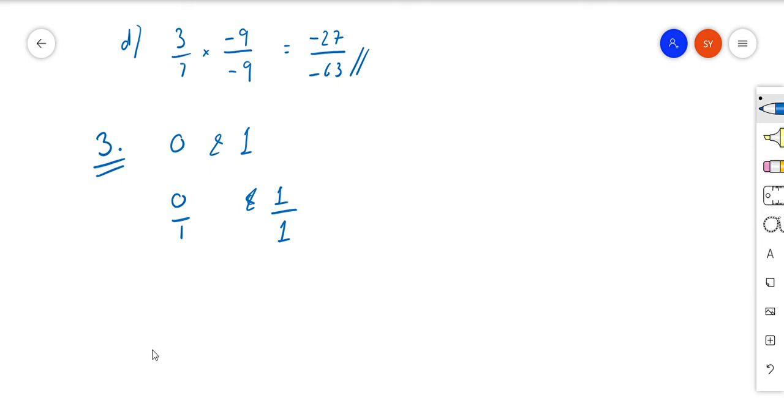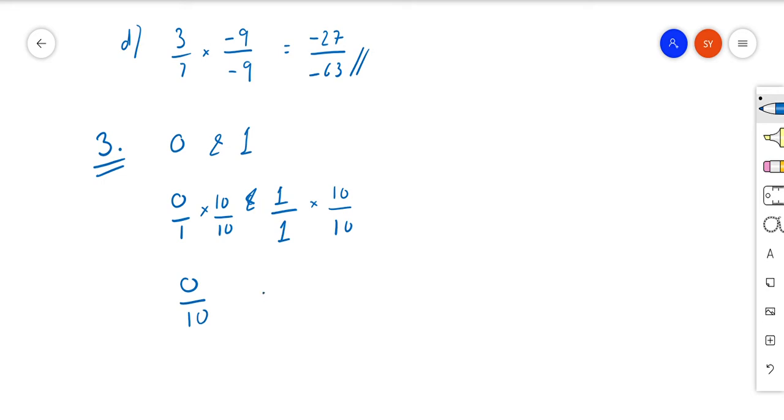If you multiply both sides by 10, that shouldn't make any change, it will still remain 0. Similarly, if I multiply both sides by 10, the 10s will get cancelled and the answer will remain the same. Now 0 multiplied by 10 would be 0, and 1 multiplied by 10 will give us 10.